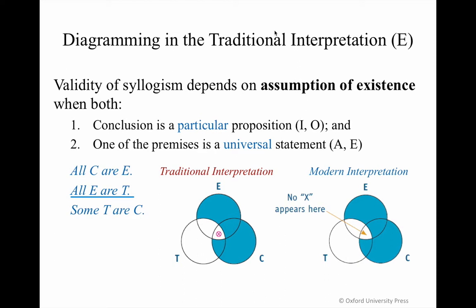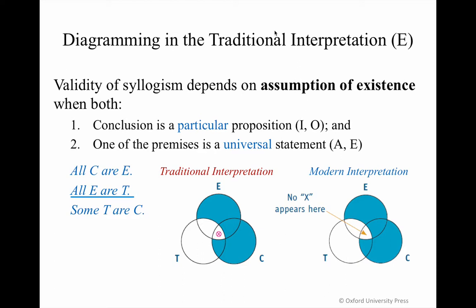Let's look at that argument. All C are E, all E are T, so some T are C. On the modern interpretation, this argument is invalid, and we'll see that it violates rule number 6. On the traditional interpretation, however, that's not the case.